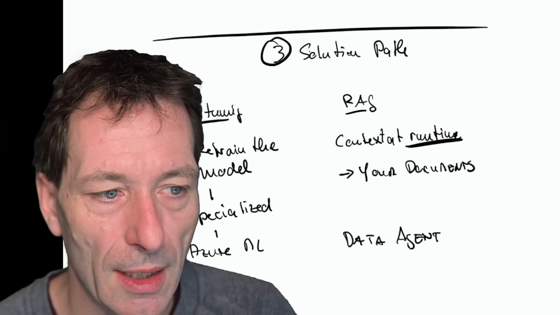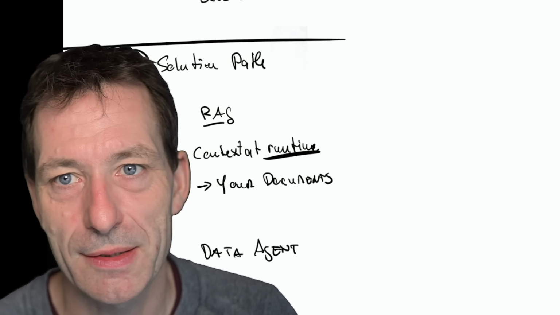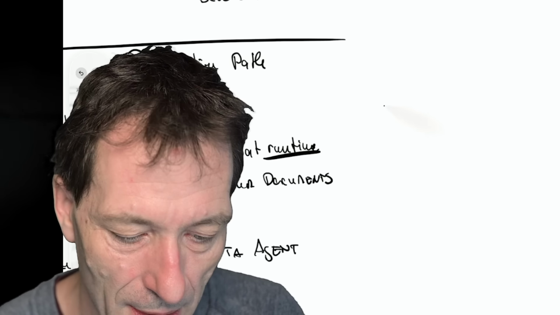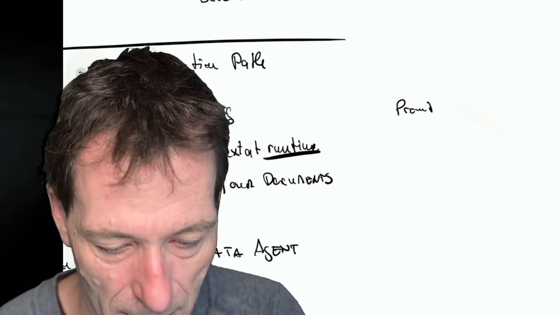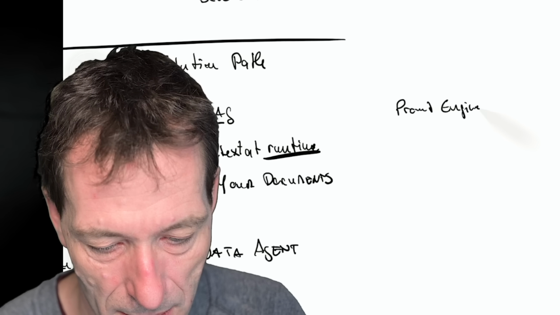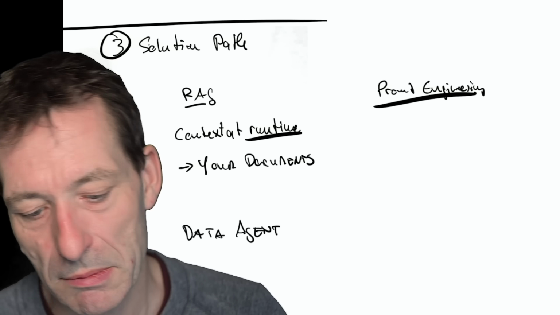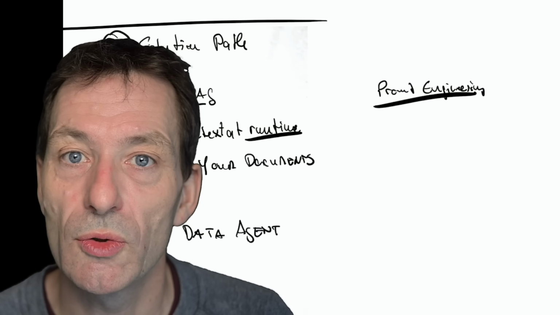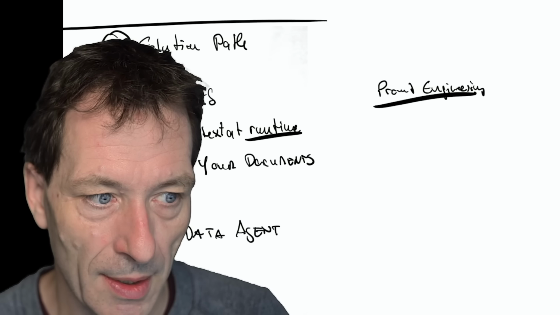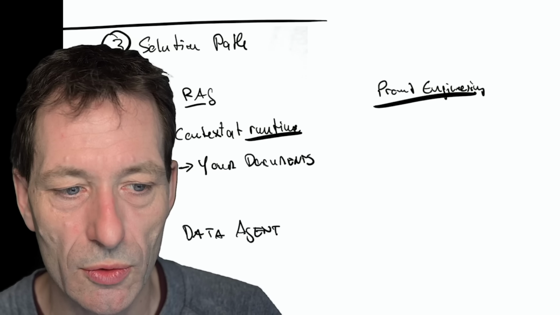And the first and most obvious solution, and it hits a lot of these problems, is prompt engineering. Prompt engineering means, to some degree, you ask the wrong question or you ask the question wrong. So you ask too generic.